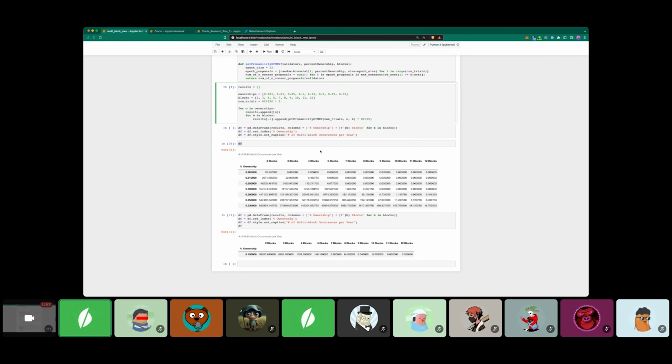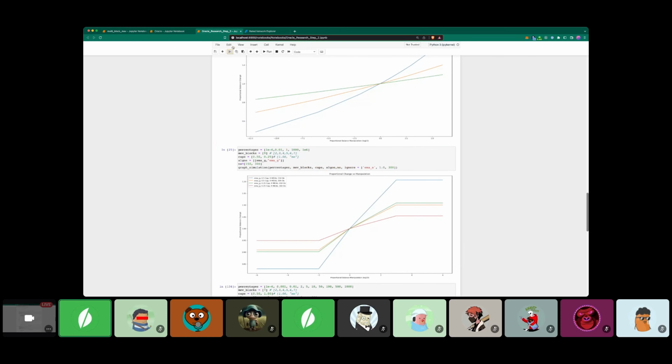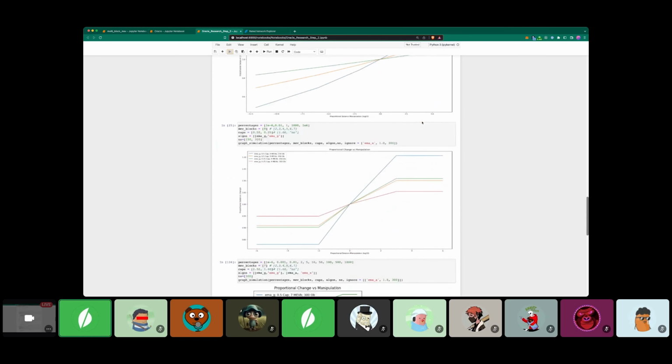Given that it seems like people want to play around with these things themselves, all that needs to be done is to create some sort of cell that looks like any of these other ones. The MEV percentages are used to set the x-axis. All of these four are used to define each individual line.